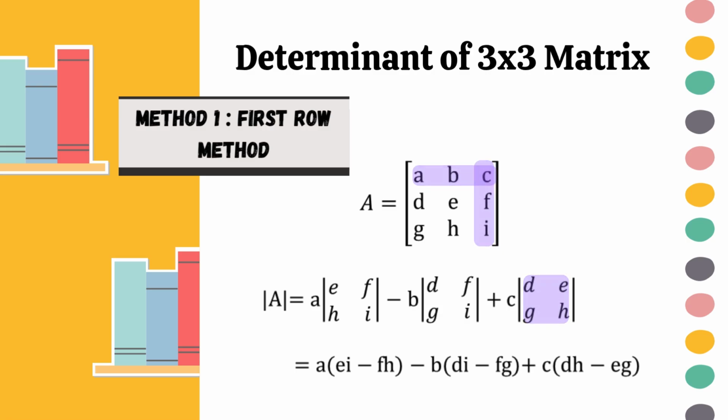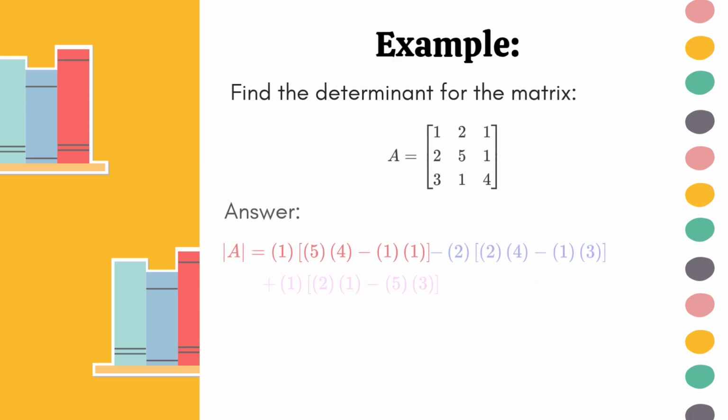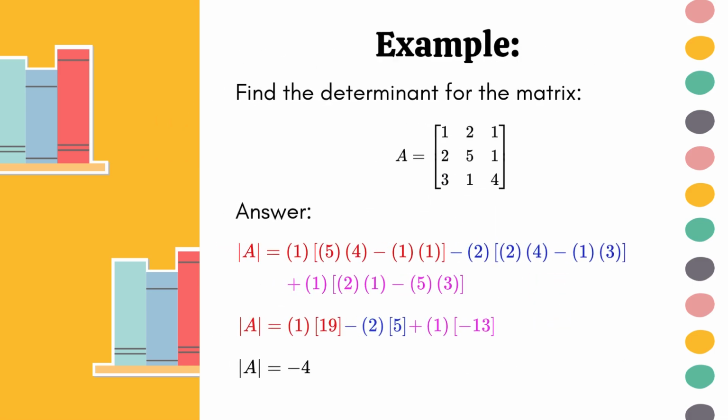This method is useful for learning how to find minors, cofactors, and for calculating the inverse of a 3x3 matrix. This example shows how to apply the first row method to find the determinant of a 3x3 matrix.